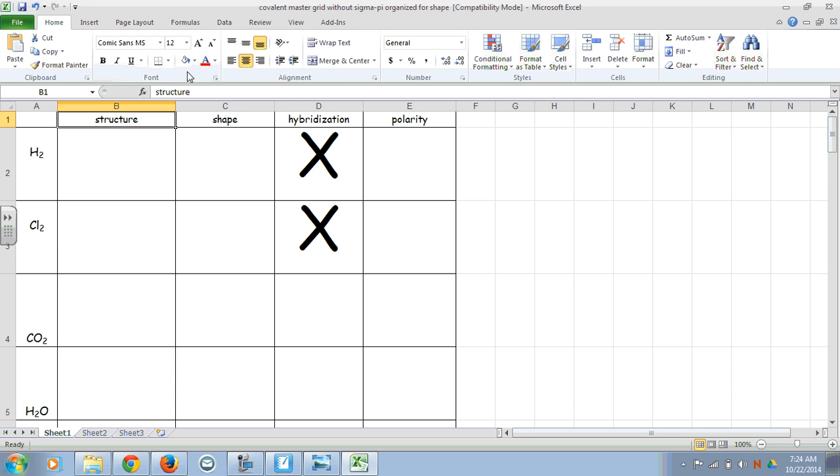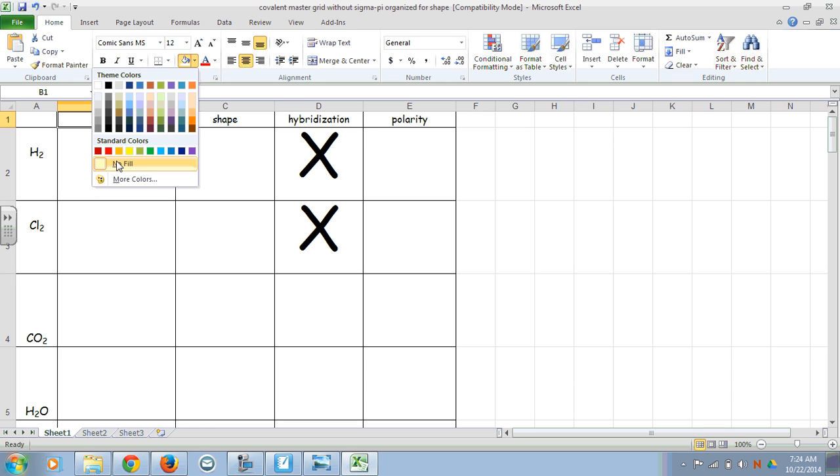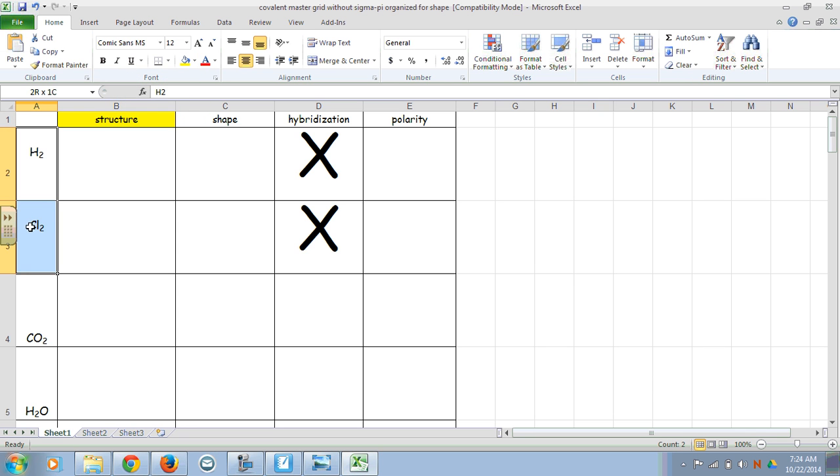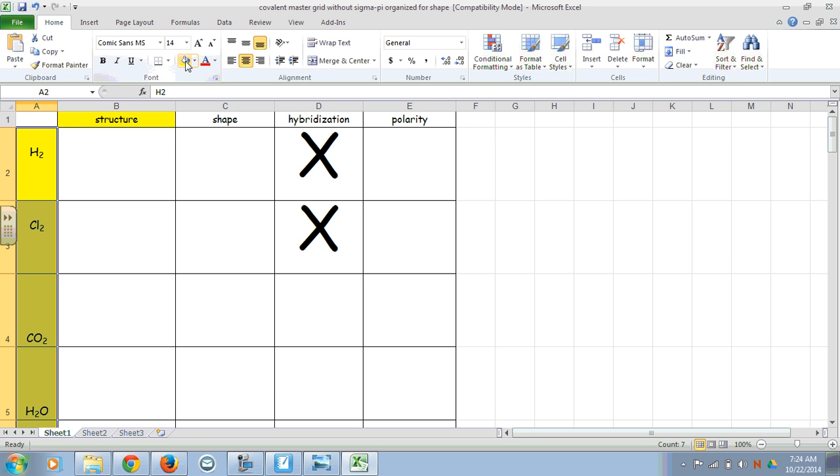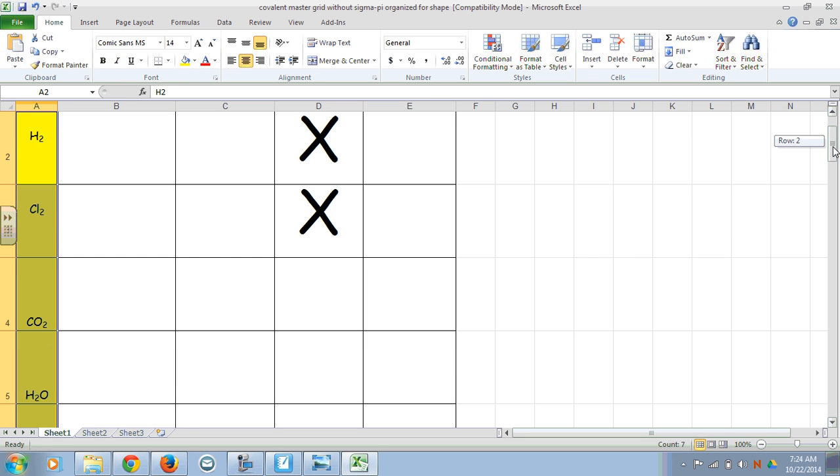So here are the ones that I want you to do for the first column. I want you to do, let's highlight these. These first 8 for homework, that should be all of them on the front page except for PCl5.